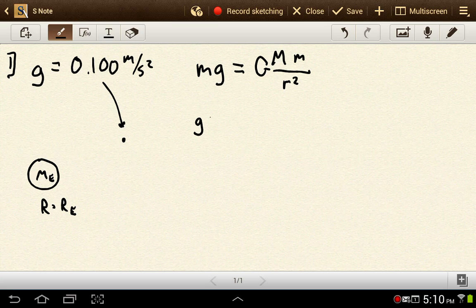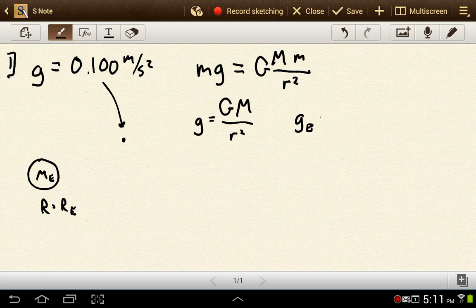We can say little g equals, we can cancel the little m's, big G big M over R squared. One thing you may remember is that if you plug in the mass of Earth and the radius of Earth as your distance from the center of the planet, you should get the Earth's surface gravity.